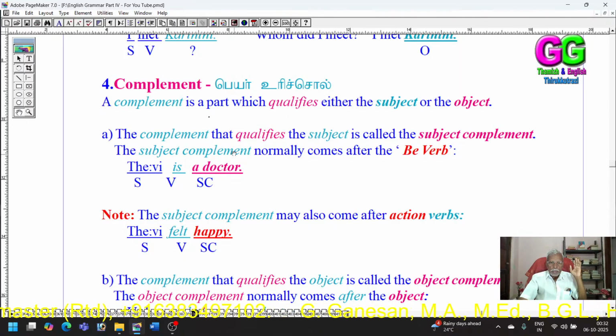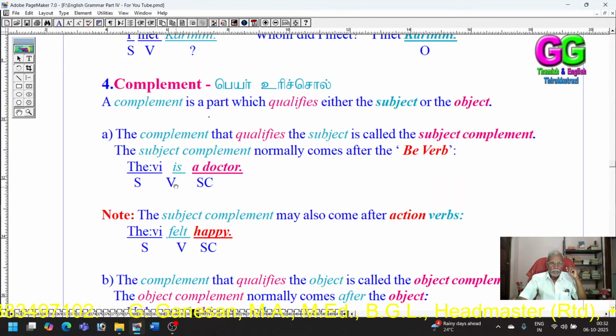My dear children, the complement that qualifies the subject is called subject complement. The subject complement normally comes after the be verbs am, is, are, was, were.